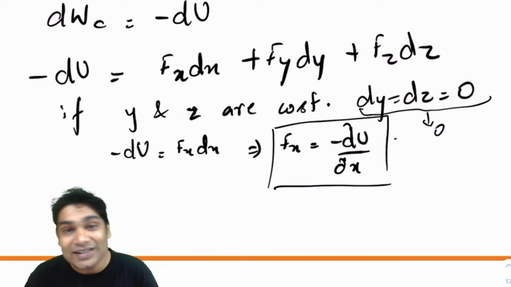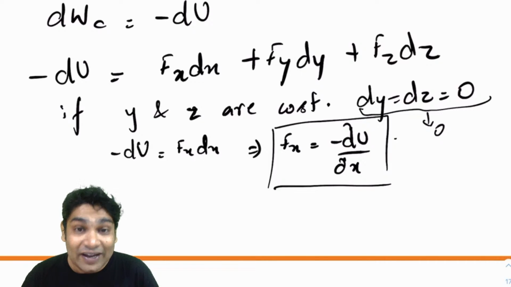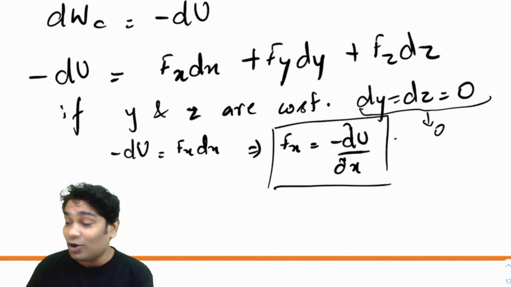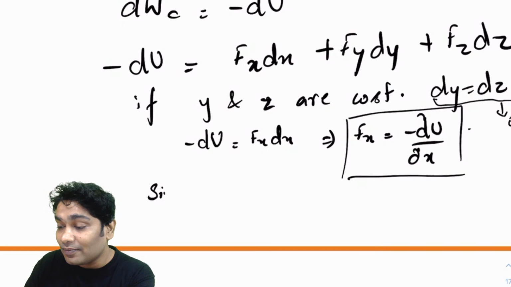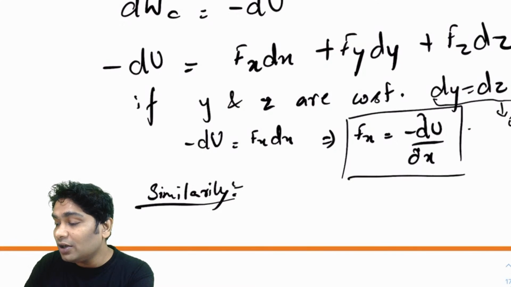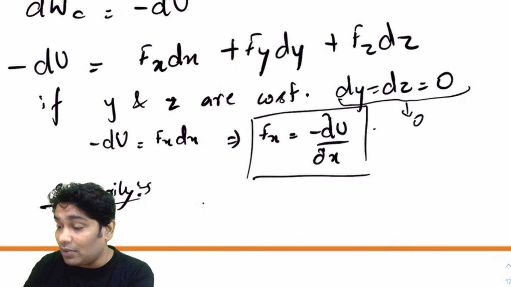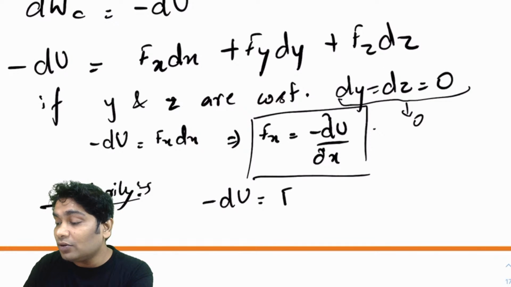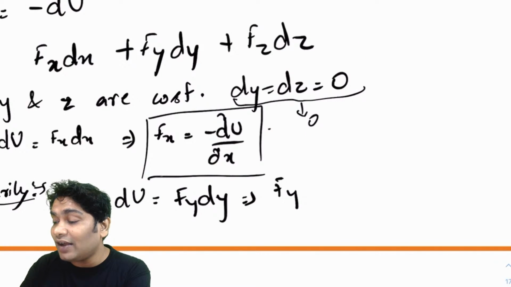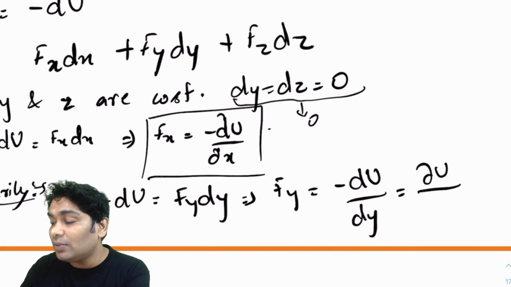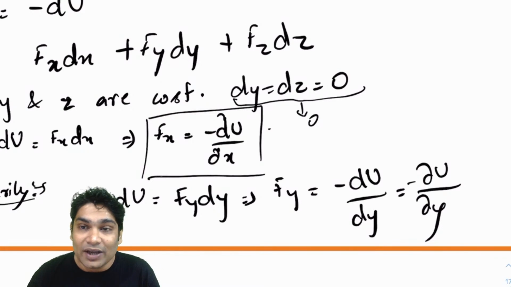Now by similar logic, if x and z were constant, then minus du would be equal to Fy dy. So from here you will realize that your Fy becomes minus del u over del y. I hope you guys followed this.